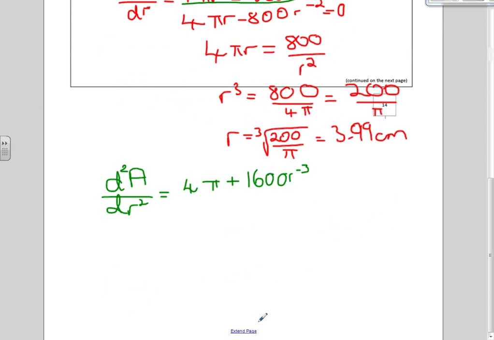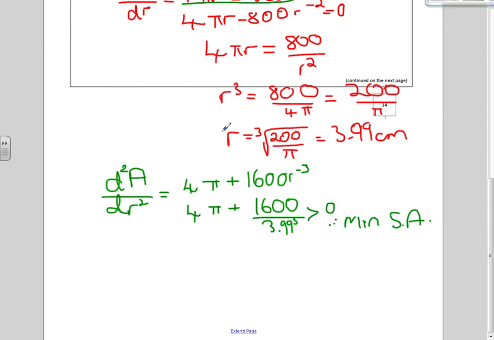If we substitute in r equals 3.99, that's 4 pi plus 1600 over 3.99 cubed. Everything here is positive, so d2A by dr squared is greater than 0. Therefore, we have found a minimum surface area.